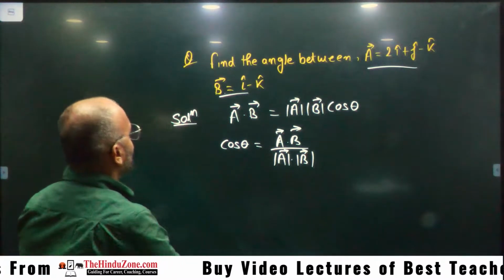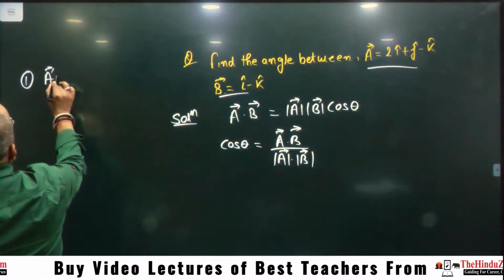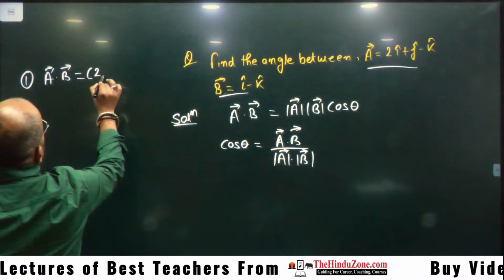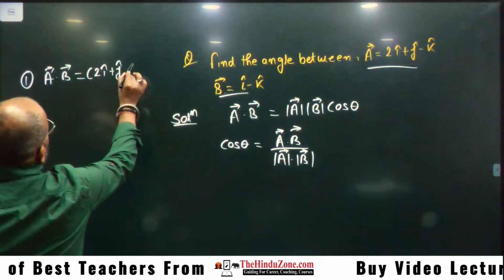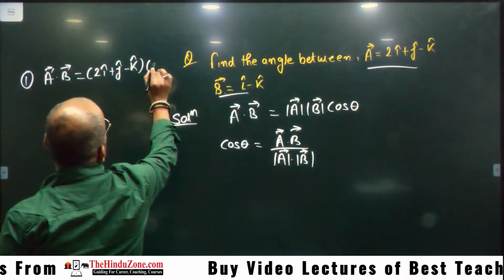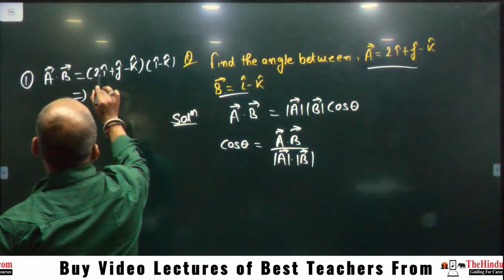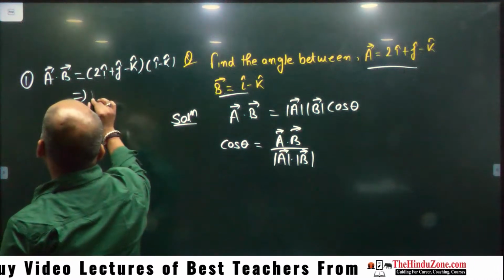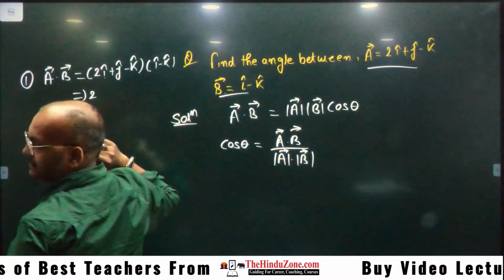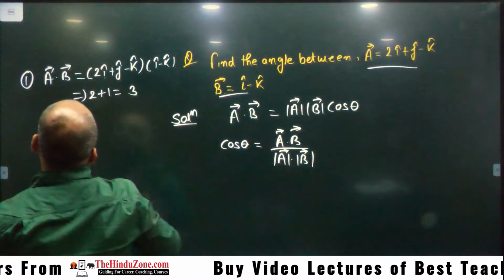So step 1 is to calculate the dot product of vector A and vector B. So that is (2i + j - k) dot (i - k). So 2i into i is 2, and minus k into minus k is plus 1, so it will be 3.